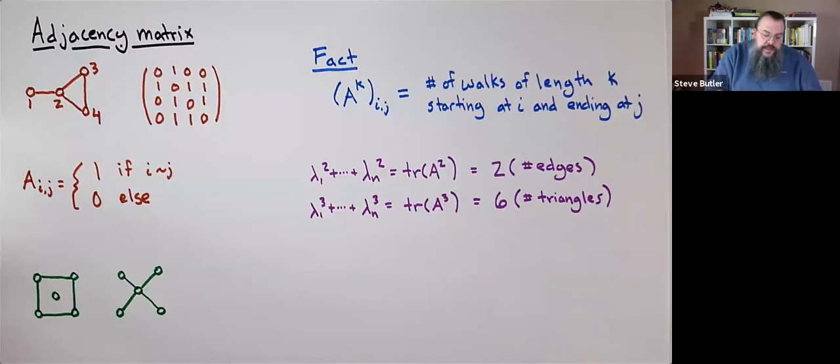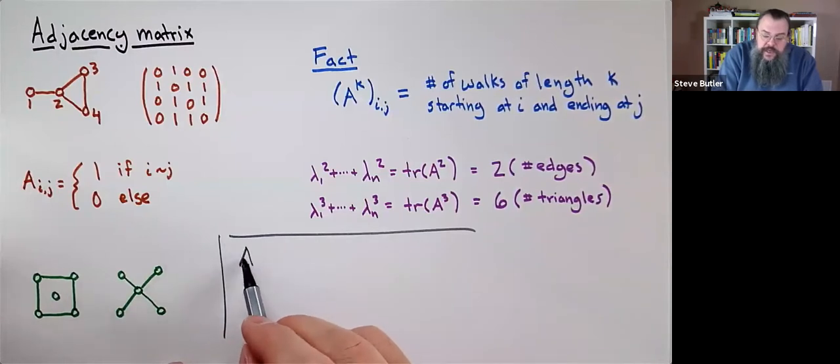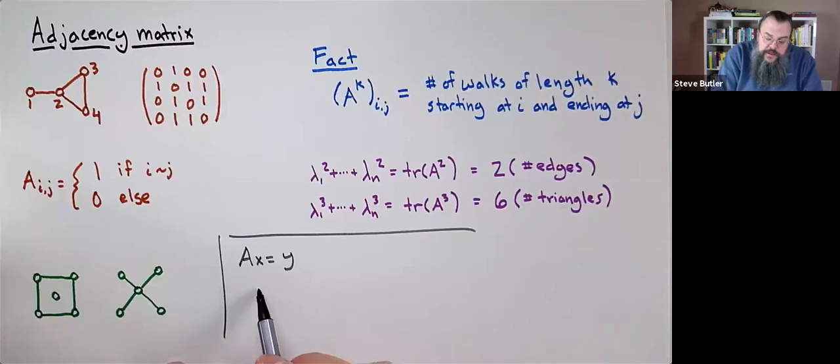Now, I will say that we should think of these as actual linear operators. So in other words, when I think of the adjacency matrix, it's a linear operator. It's doing something to the graph. And what we should think of happening is, if I want to talk about Ax equals y, the way I like to think about this is this vector x, I like to call this a valuation.